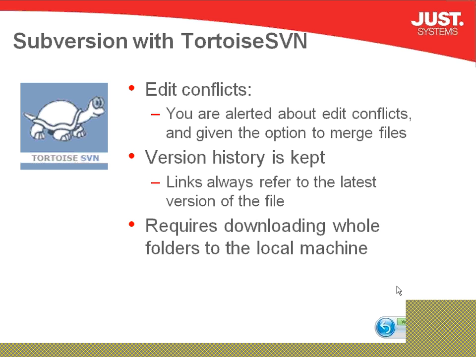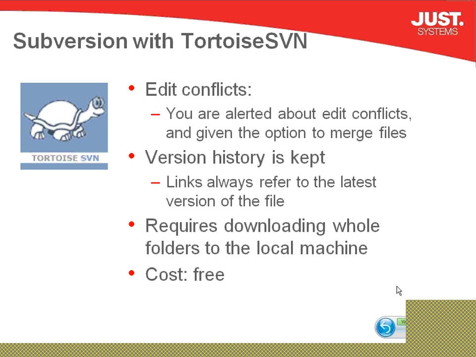Subversion is free. I'd say probably the main drawback of Subversion is that you do have to download whole folders and whole files to your local machine. One of the things this means is that if you're making a link from one file to the other, you need to have all of the folders which constitute the folder path in between those two documents.